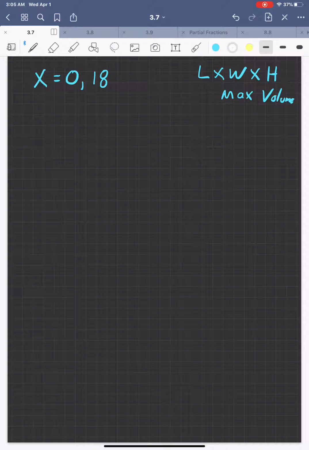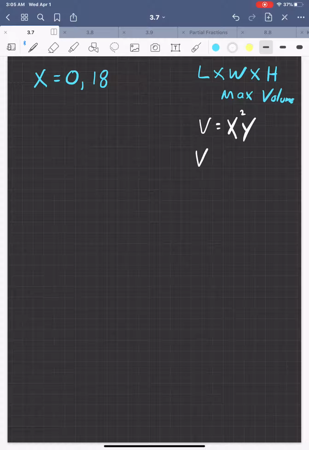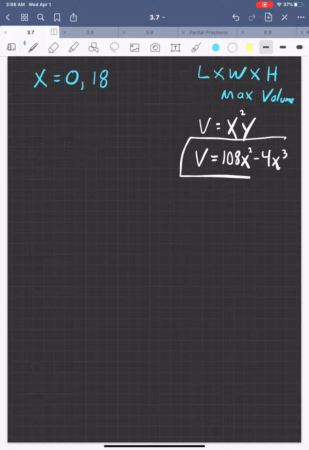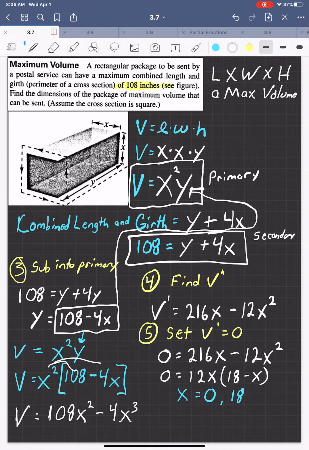V was equal to x squared times y, but we were able to rewrite V as 108x squared minus 4x cubed. Let me double check that. Perfect.